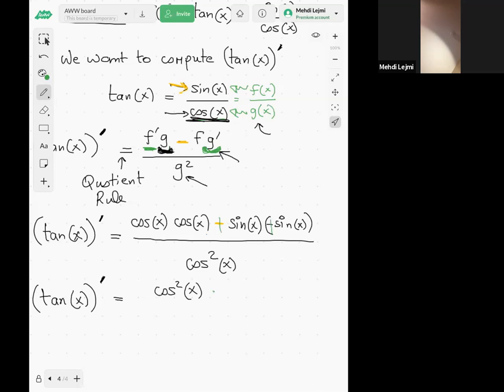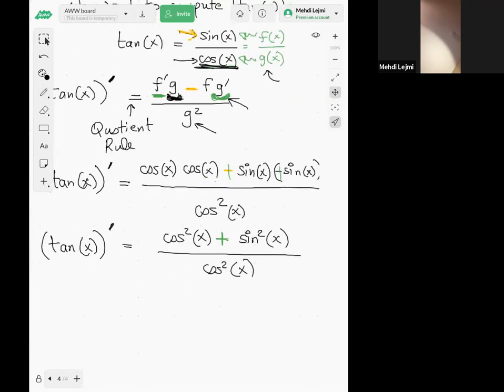Sine times sine is sine squared of x, over cosine squared. Cosine squared plus sine squared is equal to 1, that's a trig identity.